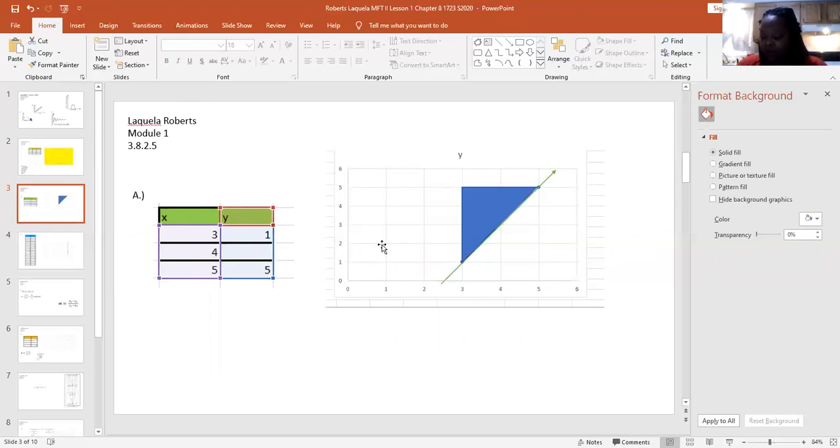As you can see, our line is going up to the right. Now let's figure out the slope. So you'll go up 1, 2, 3, and 4, and then over 2, okay? So 4 divided by 2 is going to give us 2, so that'll be our slope for that.